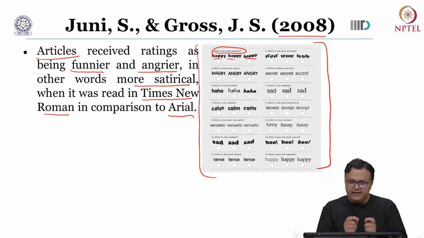So, that means the same word would be conveyed a bit differently in its emotional content. So, they found that, for example, in this case, when you look at calm, the word calm itself is better conveyed in the second version because of the stability which is there in the alphabets, right?